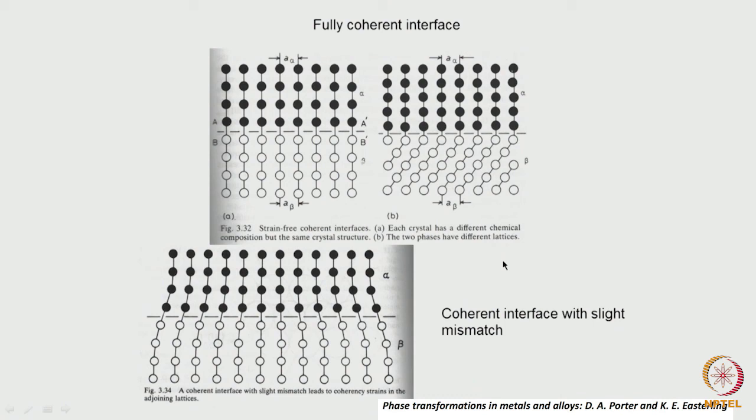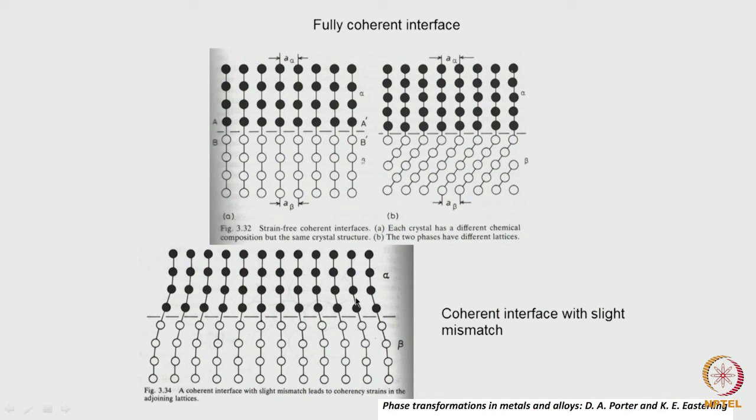In these particular cases, because tomorrow when we talk about the interaction of dislocations, suppose a dislocation is to enter from here to here, what will happen? Because there are some small differences, the modulus will be different. They will have an effect on the behavior of the dislocations, especially on the movement of dislocations. This we will discuss later, tomorrow.